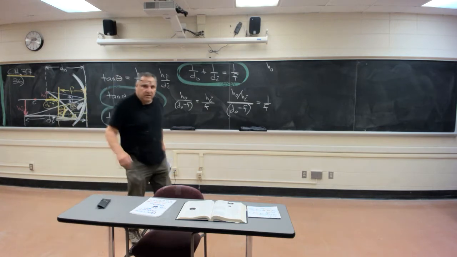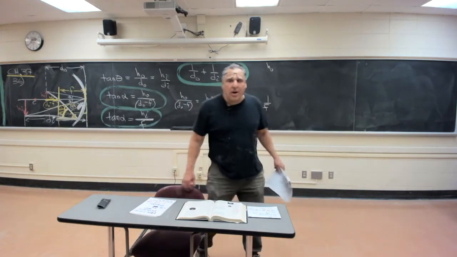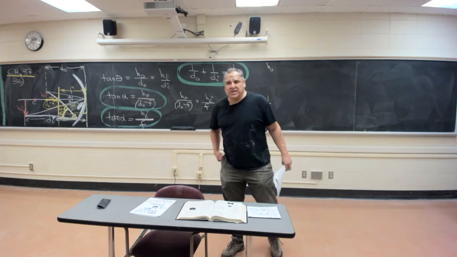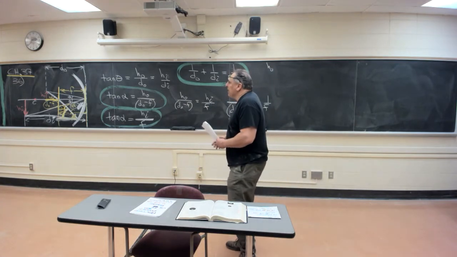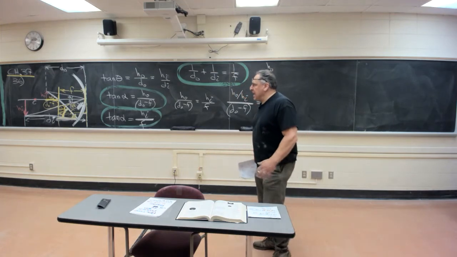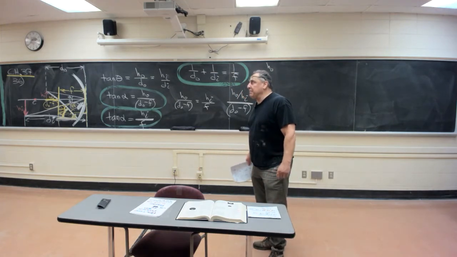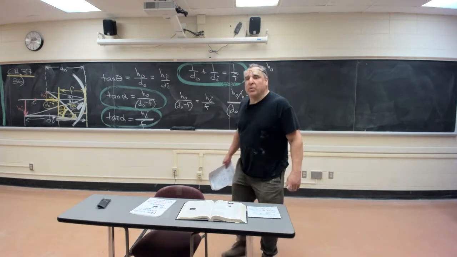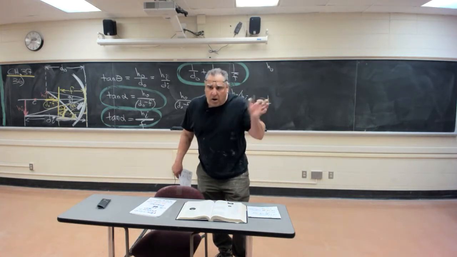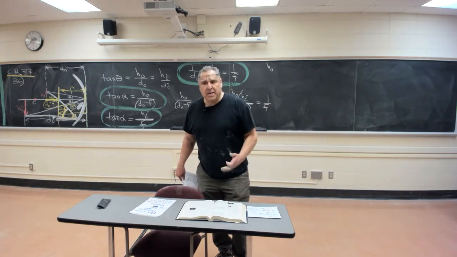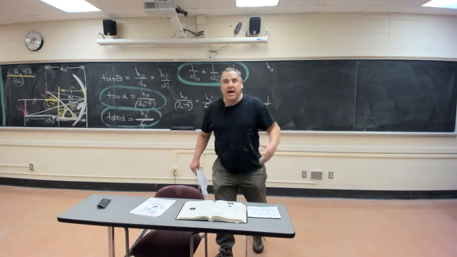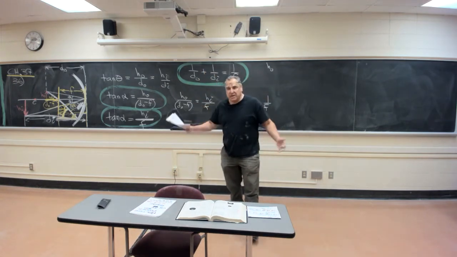What does that mean? Well, if the image distance is 3 times further away than the object distance was, the height associated with the image is going to be, regardless of sign, in terms of magnitude, 3 times the width, 3 times the height, 3 times everything.